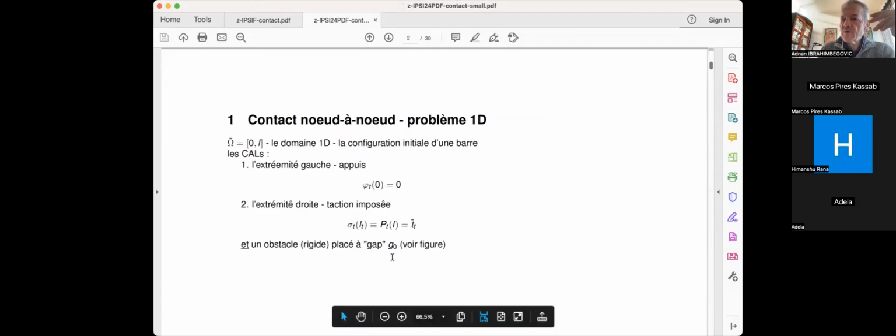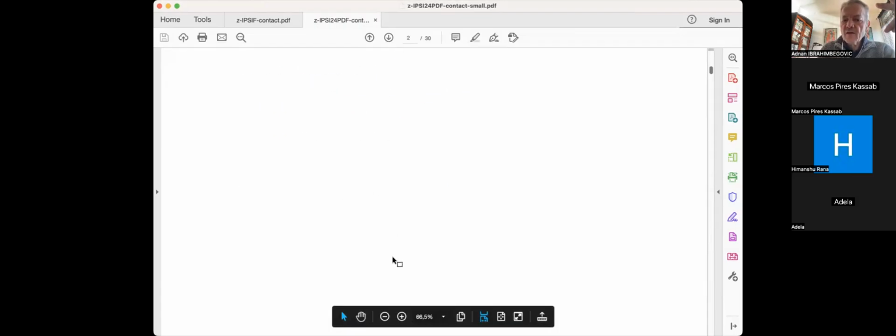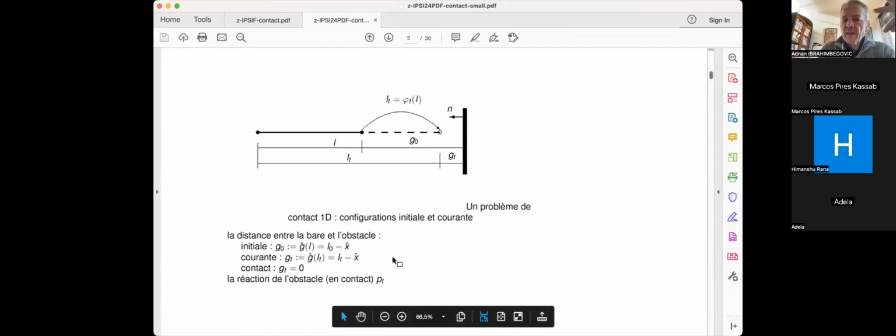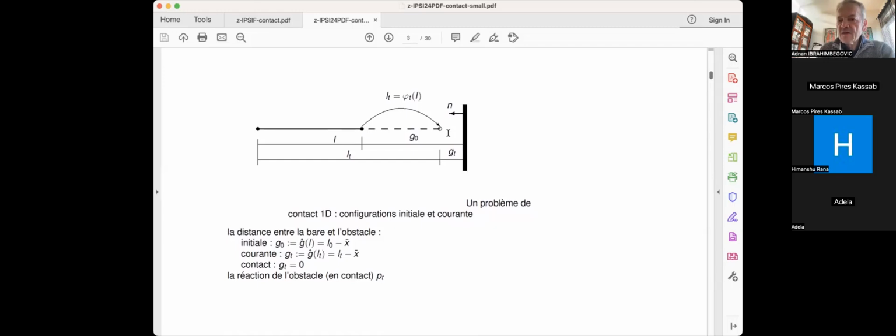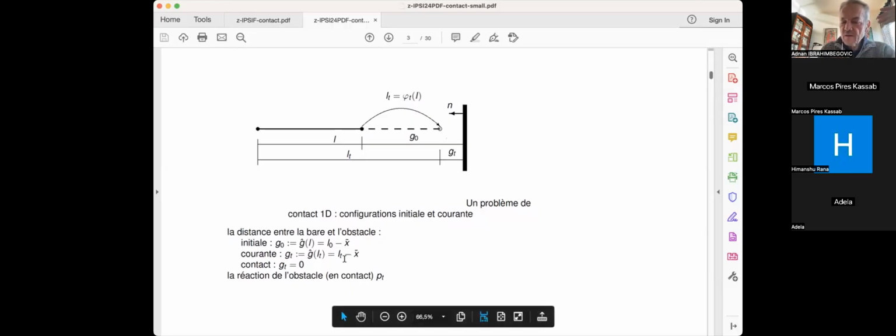But if you also put in the initial gap, you have to take into account that at a certain point, what the force is doesn't really matter, because what takes over is the fact that you cannot go beyond this distance. So you have to define the initial gap, and for each and every time step, along with the current value of the deformed configuration L_t, you have to define the current gap.